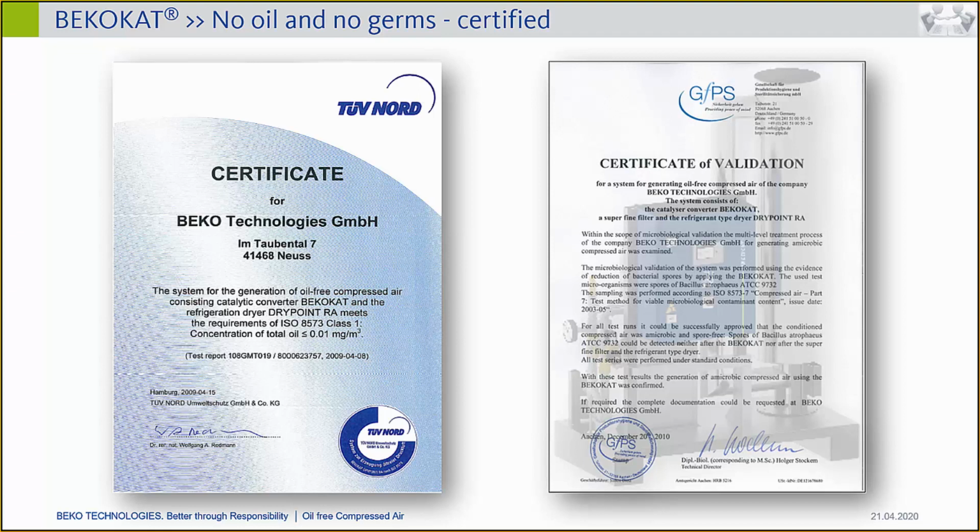Another question was, is the air exiting the BEKO-CAD fully saturated, so at 100% relative humidity? Mostly. Let's say you have that BEKO directly installed after the compressor, then of course 100% saturated compressed air will enter the BEKO.